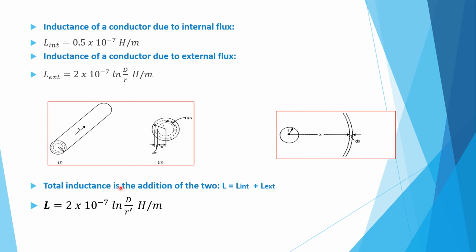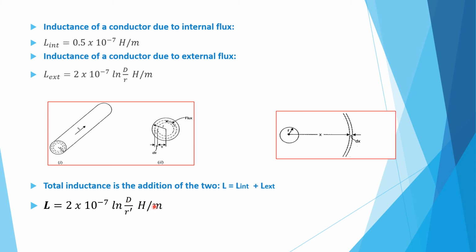So the total is the addition of the above two. That means if a transmission line has only one conductor, then the total inductance is because of internal and because of external flux. So the total is the addition of these two. See here it is 0.5, that means it is half. It is taken into natural logarithmic term, then it gives log e to the power 1 by 2, and they are added together.